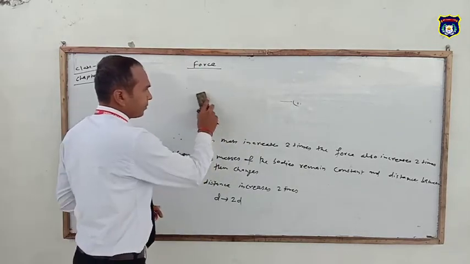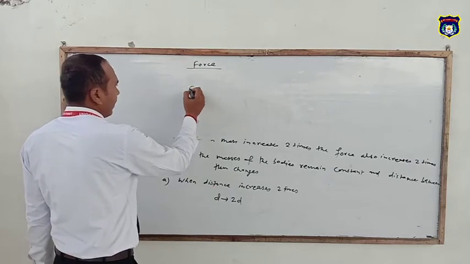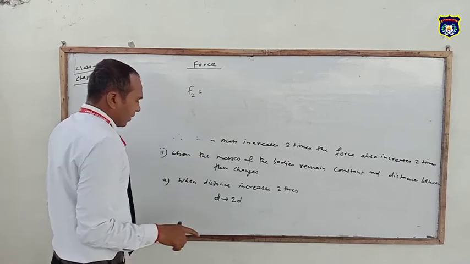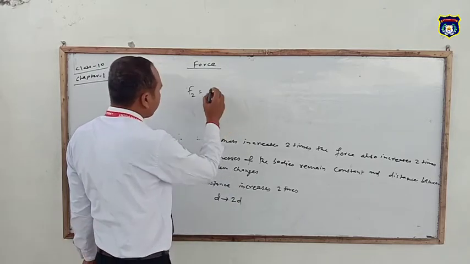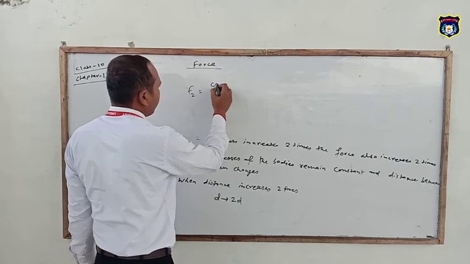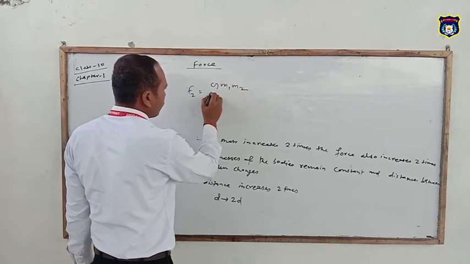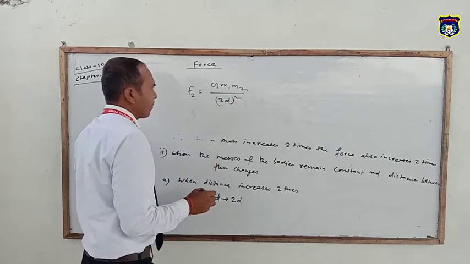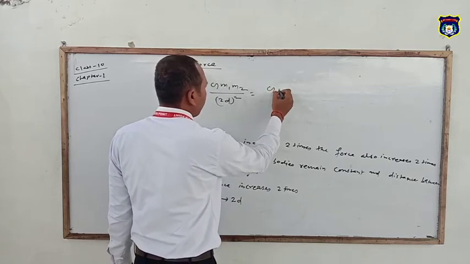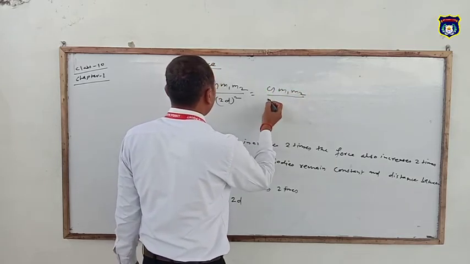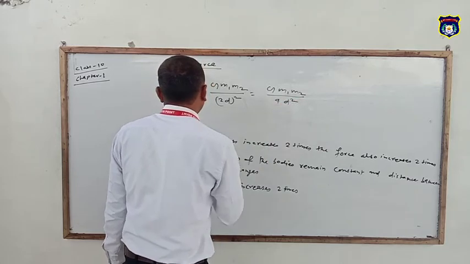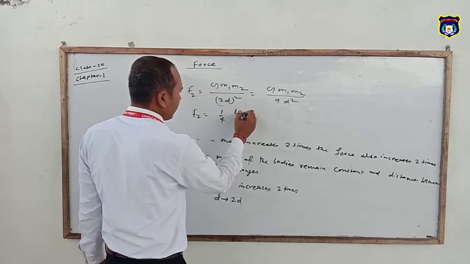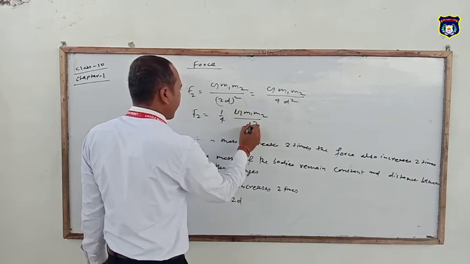Okay. Now when we write F2, F2 becomes G m1 m2 by, instead of d, we write 2d square. It means G m1 m2 by 4d square. It means F2 is equal to 1 by 4 G m1 m2 by d square.